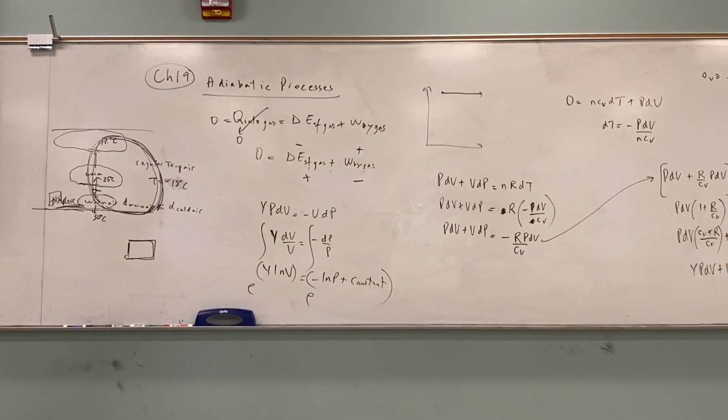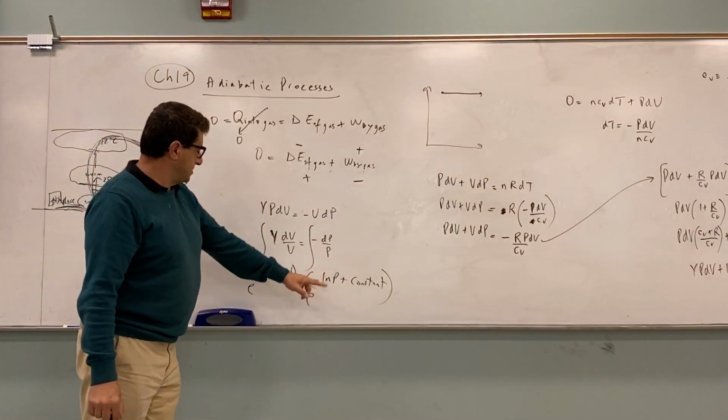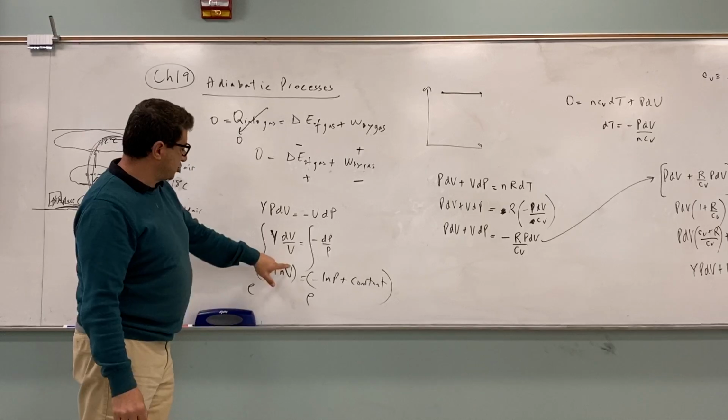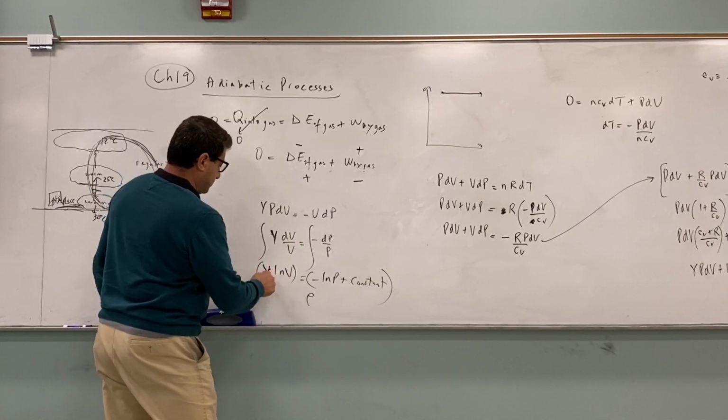Right? So in other words, my goal is to come up with this equation. This is the final thing. PV to the gamma is constant for an adiabatic process, right? We're almost there. So you take e to the this, and then of course this goes to the power, right?